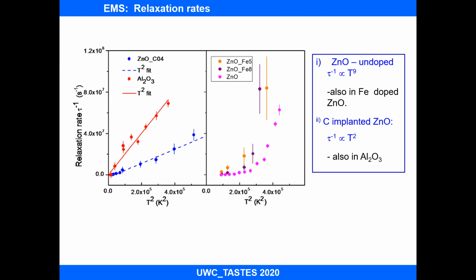In the expression for the relaxation rate, there are two terms that appear. If it's a Raman 2-phonon process, the first term is proportional to T to the 9. The second term is dependent on the Debye temperature.